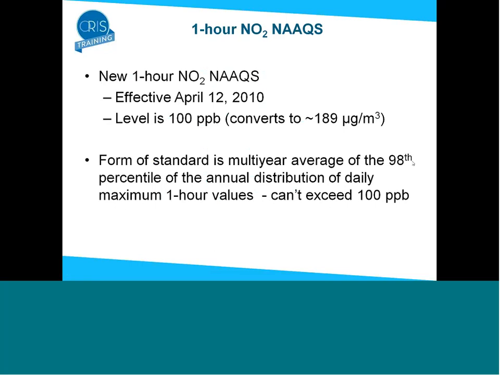The form of the standard, which is the way we actually determine how we're complying, is the multi-year average of the 98th percentile of the annual distribution of the daily maximum 1-hour values. And that value cannot exceed 100 parts per billion.